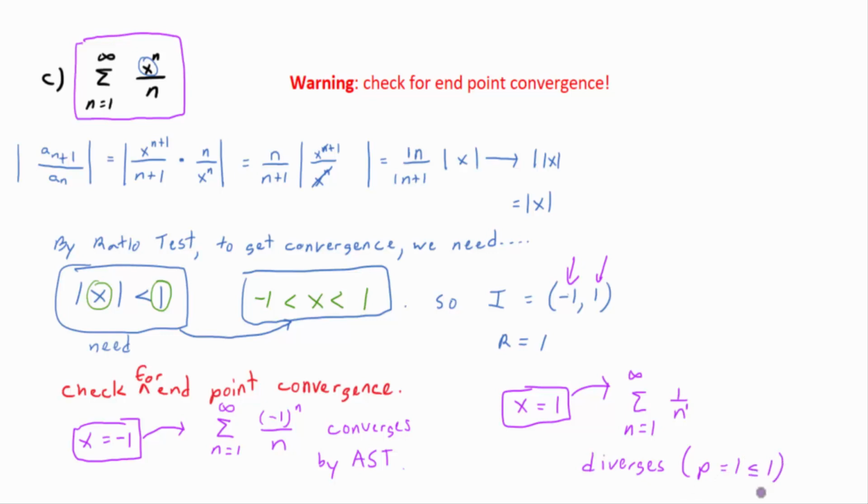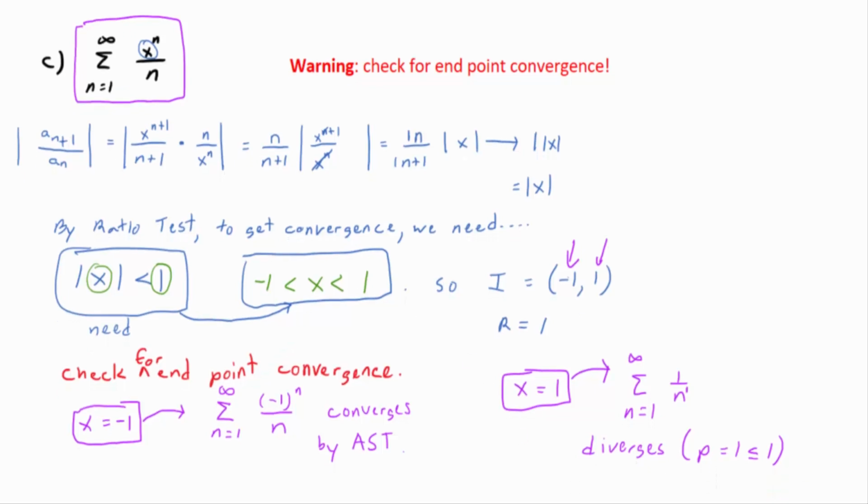Okay, so what does the interval of convergence become? You need to include the fact that the original series converges at -1. In other words, you need to include -1. So this isn't quite it. This is almost it. What do you do with this left-hand parenthesis?